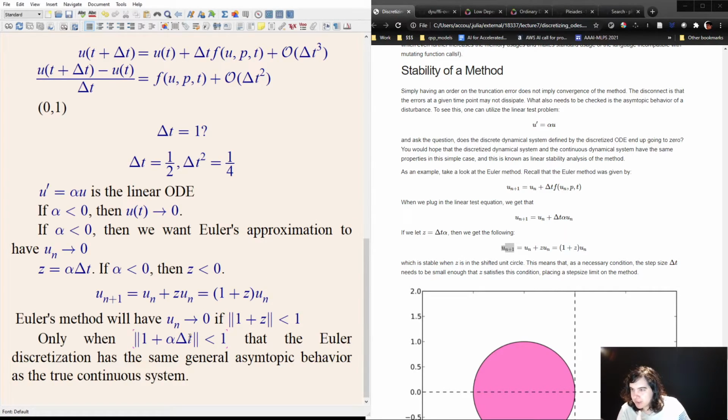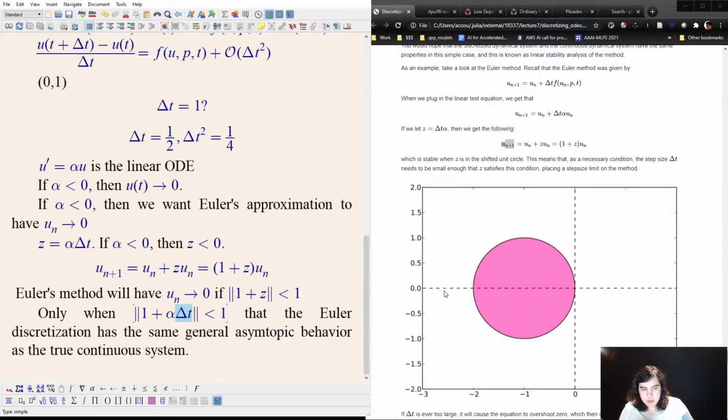Now alpha comes from your problem. If your problem is to solve this linear ODE, alpha is given to you, which means you can only use a delta t that is as big as will let this still be true.